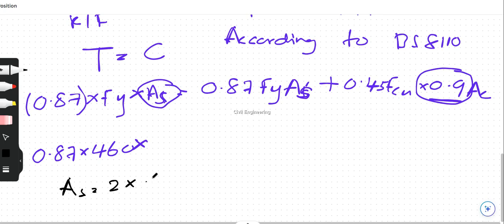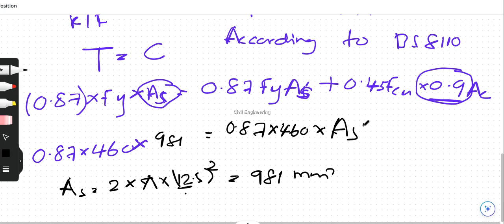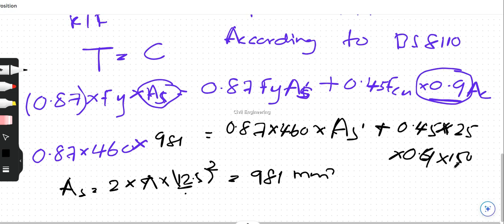It's equal to 2 into 25 squared over 4 pi, which is near 981 square millimeters, equal to 0.87 into 460 into As dash, which we don't know and have to find, plus the value for concrete, taking the strength of the concrete as 25, into 0.9 into 150. 150 means the width of the section, and the depth of the neutral axis is also equal to 150.